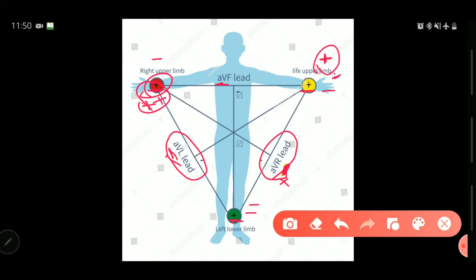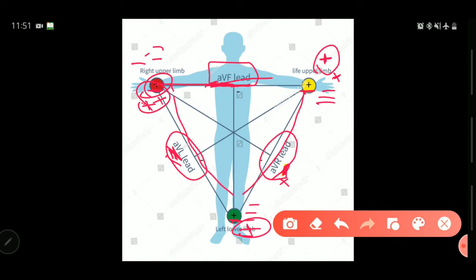The last of the 3 augmented limb leads is the aVF, where we put the positive electrode on the left leg, while we put the negative electrodes on the left hand and the right hand, because we want to measure the potential difference situated on the left leg. And that is aVF, and that is Einthoven's triangle, as we explained before.